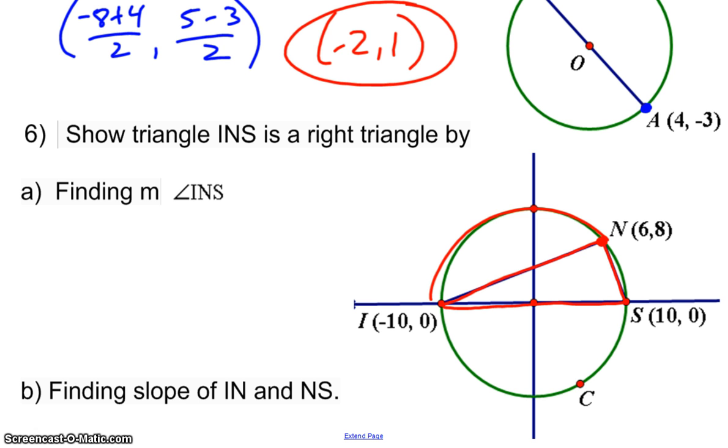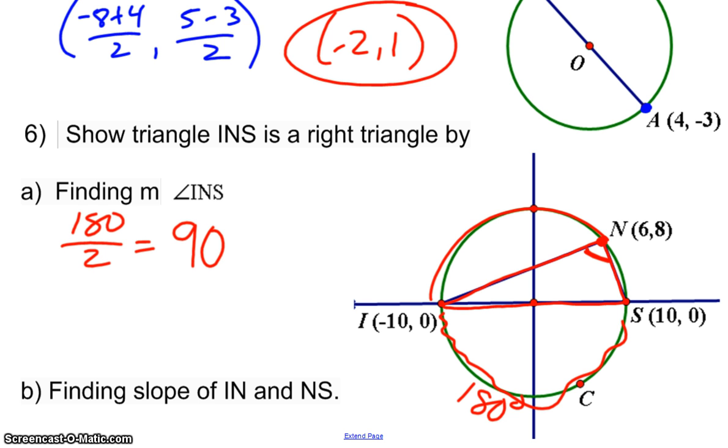With half of the circle below, we know that this arc down here is 180 degrees, and that is the arc this angle is intercepting. An inscribed angle is the arc divided by 2, so 180 degrees divided by 2 gives us a 90-degree angle, which tells us that this is a right triangle.